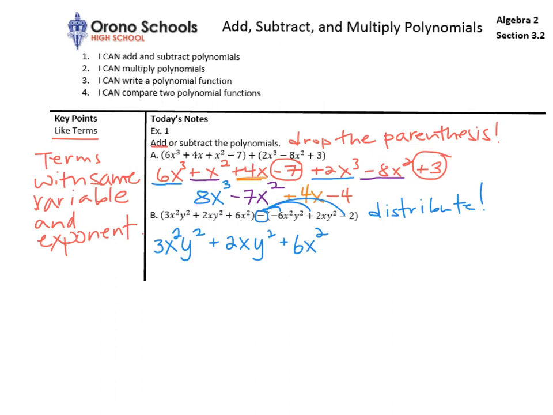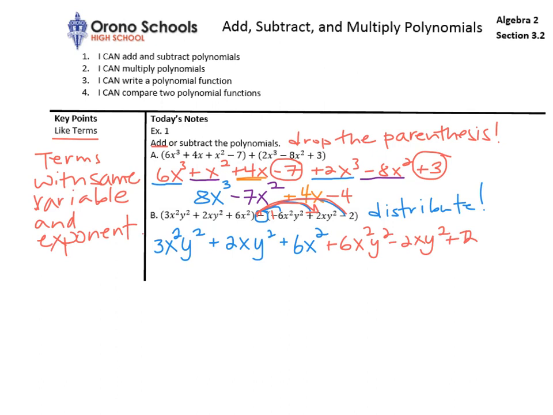So now if you distribute that negative in, the two negatives make a positive, so there's positive 6x squared y squared. But then that negative makes the next term negative 2xy squared. And then that negative would cancel out the negative at the end and give you plus 2.